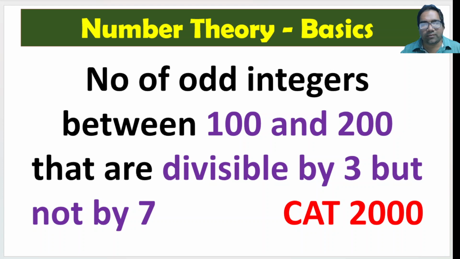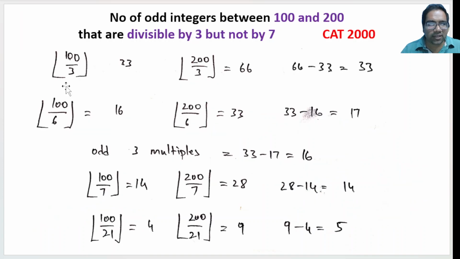So when we have to find the number of integers that are divisible by 3, we can say in 100, how many multiples of 3 are there? 100 by 3, floor of that is 33, right? For example, all numbers 3, 6, 9, 12, 15, etc. All of these are multiples of 3.